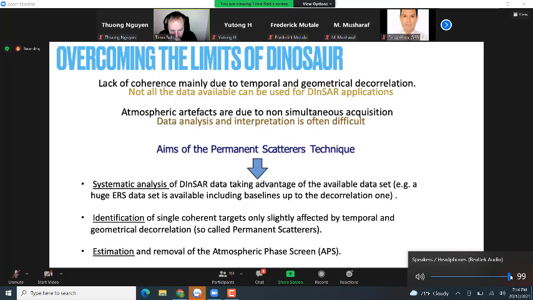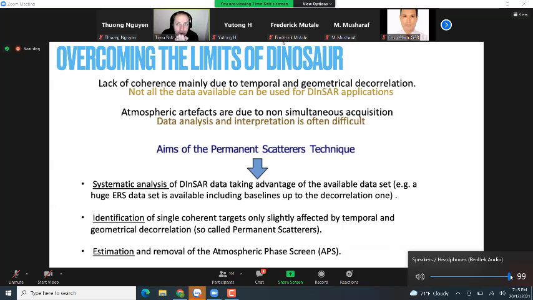So we're looking at single coherent targets that are not affected by temporal and geometric decorrelation, and we call them permanent scatterers. And we use them then to estimate the atmosphere and remove that. And then we can come to the phase contribution in good accuracy.